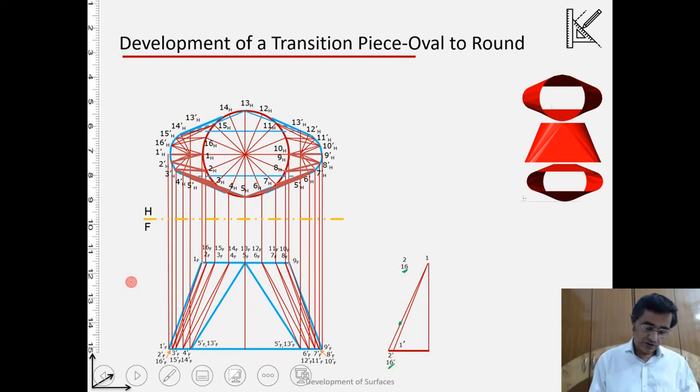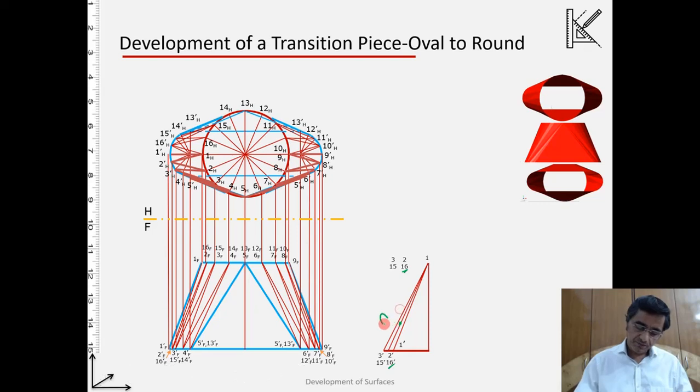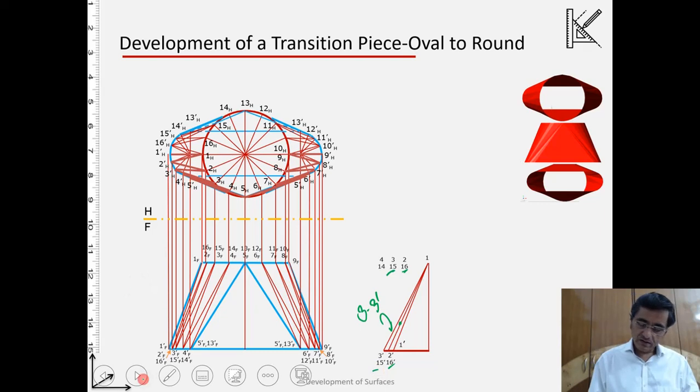Alright, we can do this also for 3 3 dash. So this length here is 3 3 dash. Similarly, it is also 15 15 dash. Alright, we can do it for others also, say 4 4 dash and 5 5 dash. So these are the lengths. Now we have done the lengths on the left side here. Let us do it on the right side in a similar manner.